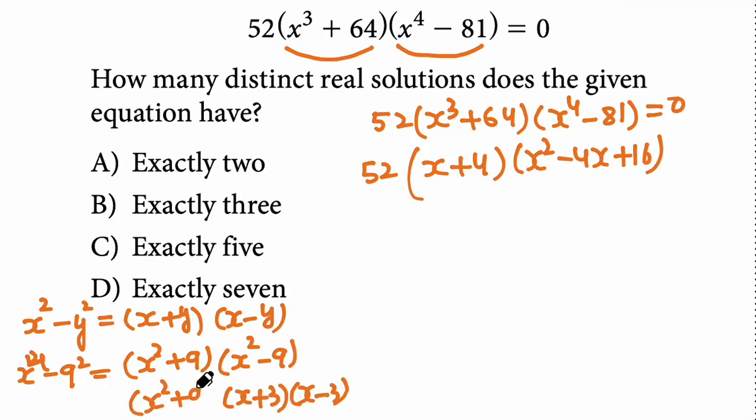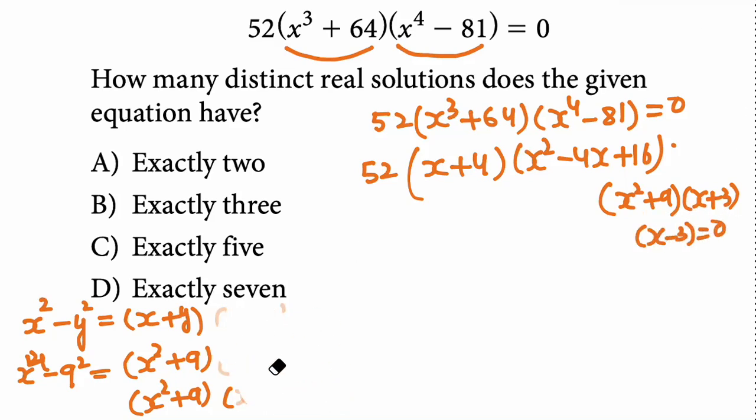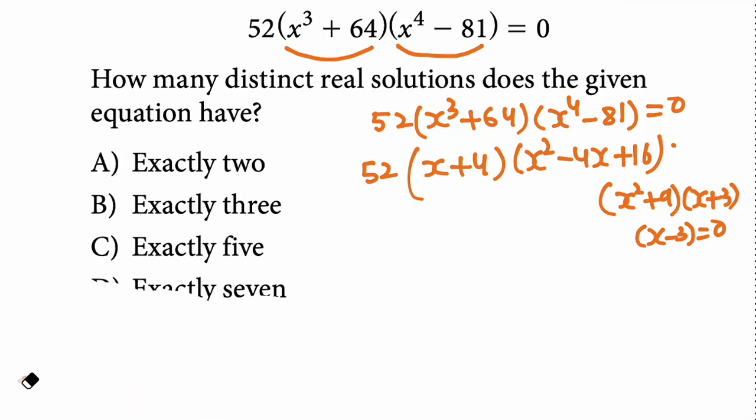So the three factors are x squared plus 9, x plus 3 and x minus 3. Okay, so the three factors are x squared plus 9, x plus 3 and x minus 3 is equal to 0. Now we have done the factorization part.